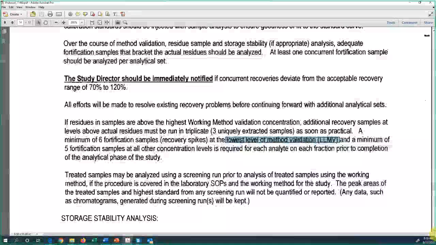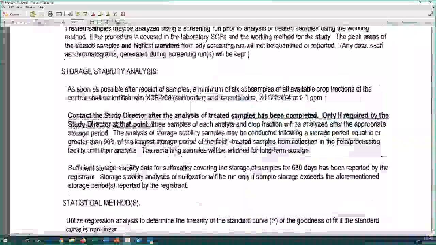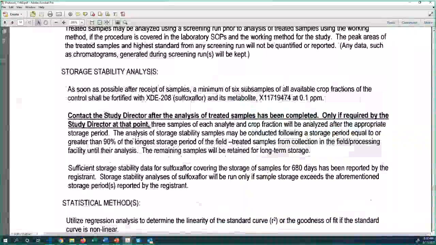Then we go down to storage stability. Now here is something, it did say some special days there. So this is close to 2 years.